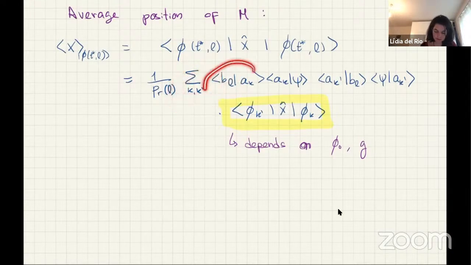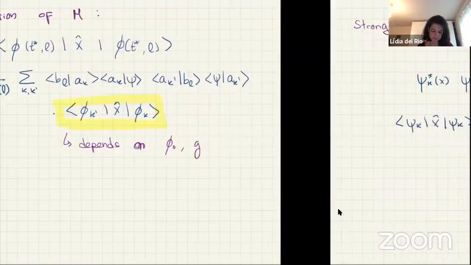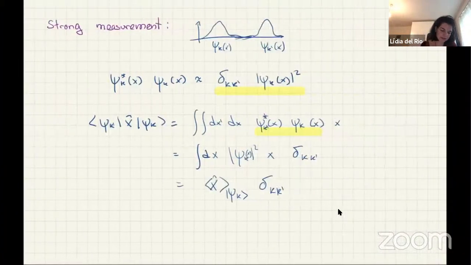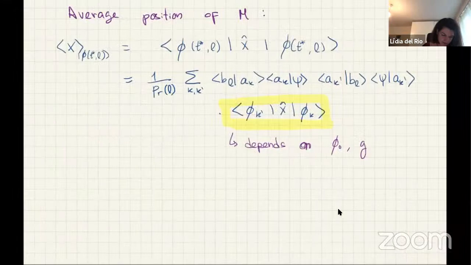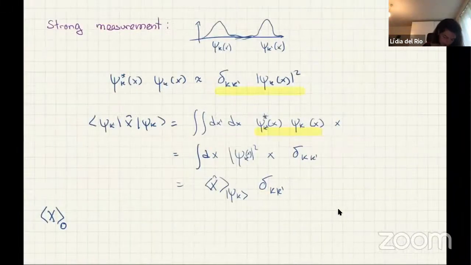And then you just have that this is the complex conjugate of that, so you get the absolute value, and this is the complex conjugate of that, so you get the absolute value again. So in this case, you get the final result for the final state of the pointers. So this was, what did I call it? Phi at time t star, outcome L.